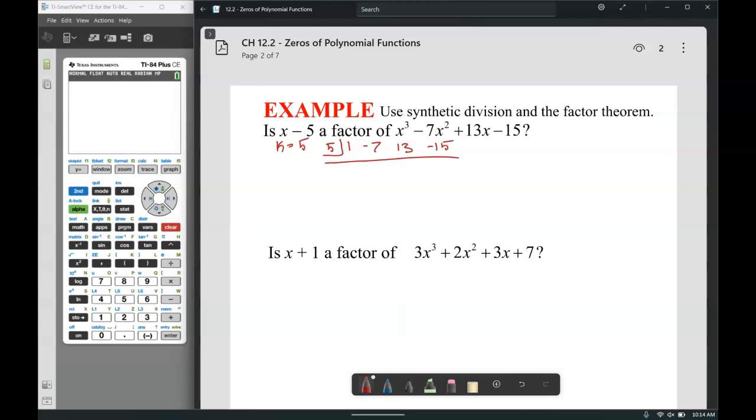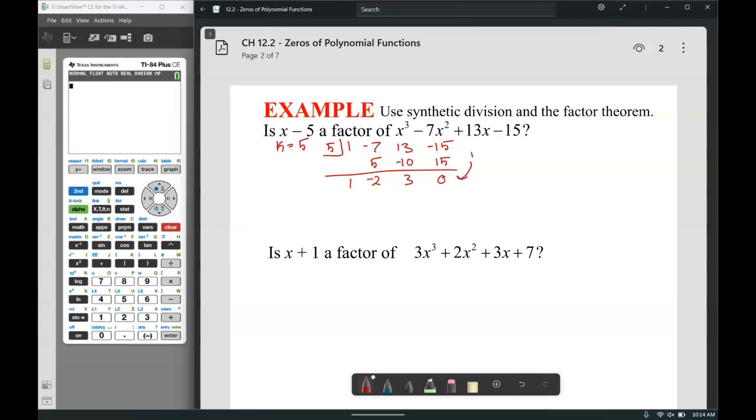And we're going to go through and actually solve the synthetic division. And again, we're looking for a remainder of 0. If we have a remainder of 0, then we know that x minus 5 is a factor. We also know that 5 is a 0. So bring down the 1, we multiply, and then we add, and then we multiply, and then we add, and then we multiply, and then we add.